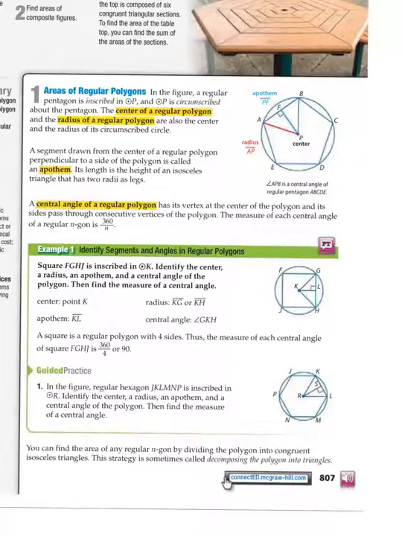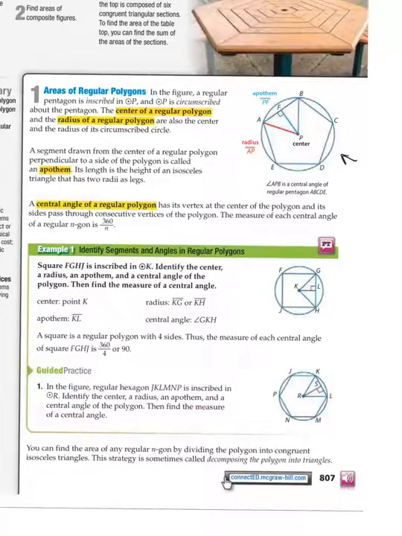So if you'll look up here on this page, this is page 807 in your textbook. In the figure, and I rarely ever read to you, but this top section is really important, and I want to make sure you get it, okay? In the figure, a regular pentagon, that is over here, pentagon ABCDE, is inscribed in circle P, and circle P is circumscribed about the pentagon.